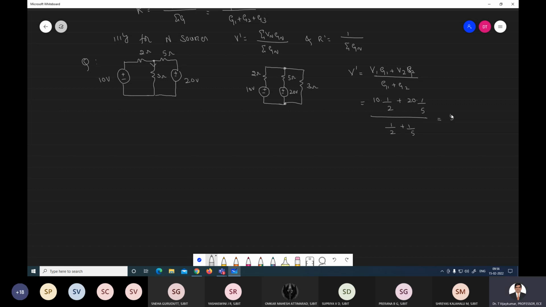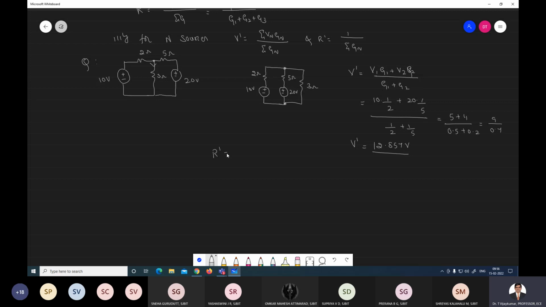This is 5 plus 4 divided by 0.5 plus 0.2, that is equal to 9 by 0.7. V dash is equal to 12.857 volt.